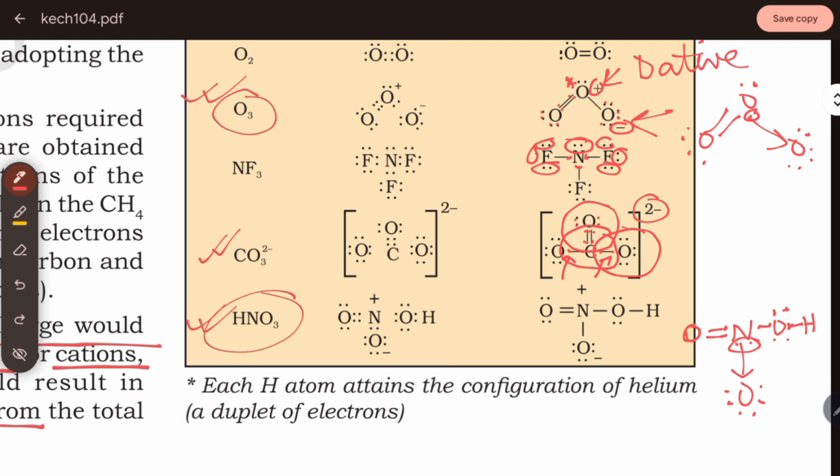See this oxygen, 1, 2, 3, 4, 5, 6 and gets 2 more from nitrogen for octet. So here nitrogen acts as donor atom and so it gets a positive charge. Oxygen acts as acceptor atom and so it gets a negative charge in the dative bond formation.